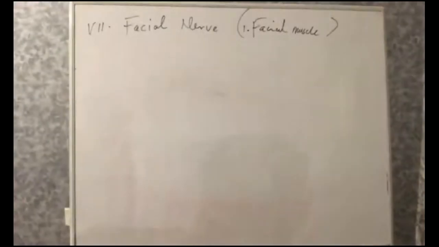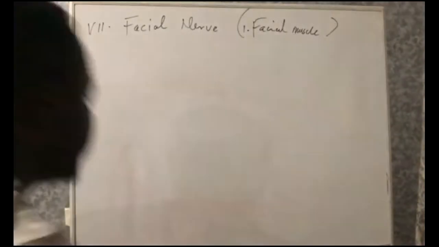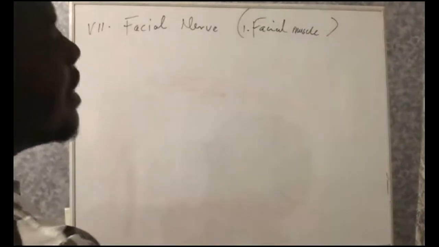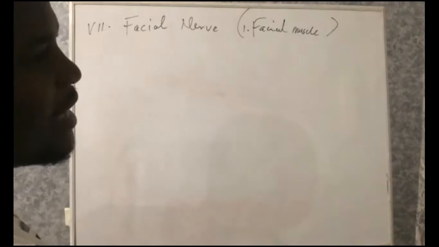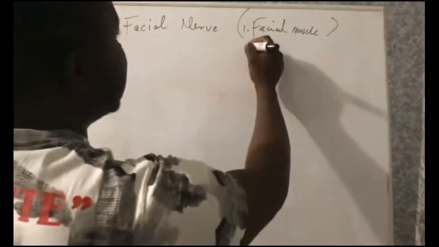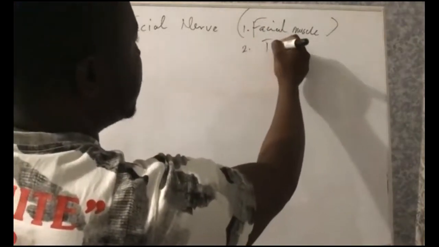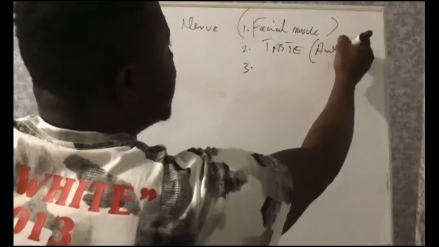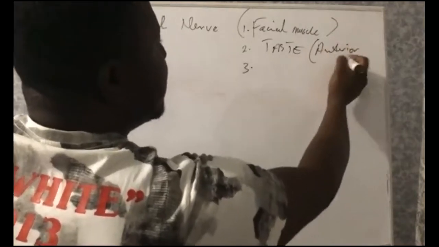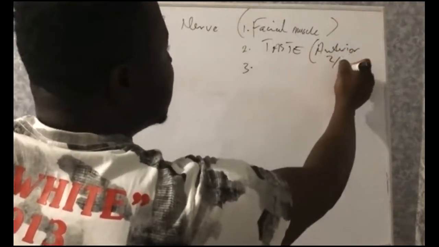It can also be found in the anterior two-thirds of the tongue, not one-third, and it will taste also. So anterior 2/3 of the tongue, taste. Who can tell me another function?